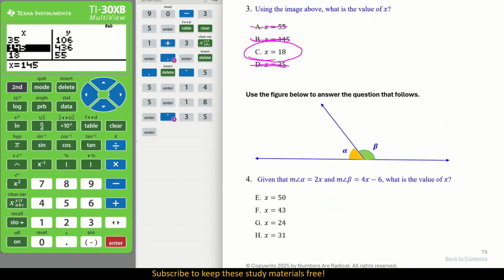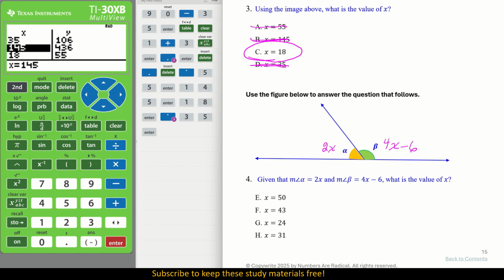Okay, now let's try this next one, number 4. It says, use the figure below. Same thing. Given that the measure of alpha equals 2x, and the measure of beta equals 4x minus 6, what is the value of x?